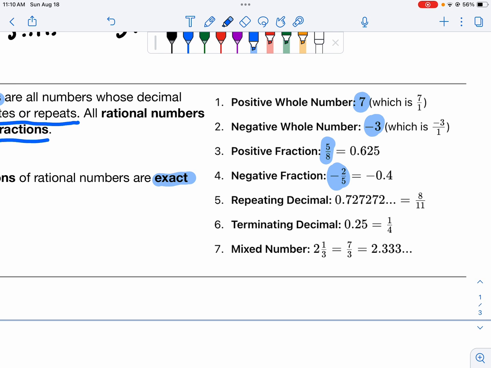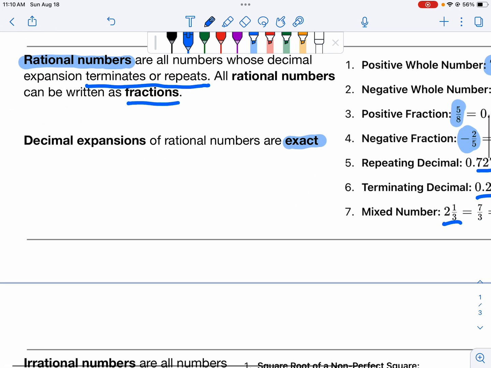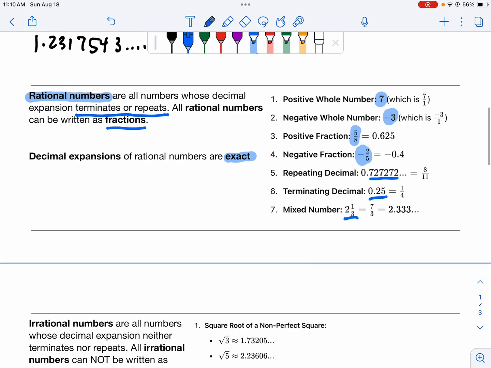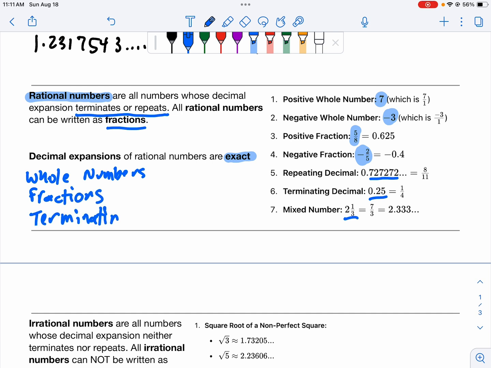So here we also can have repeating decimals. Those turn into fractions, terminating decimals, or mixed numbers. So as we summarize this, we have whole numbers, fractions, we have terminating or repeating decimals.